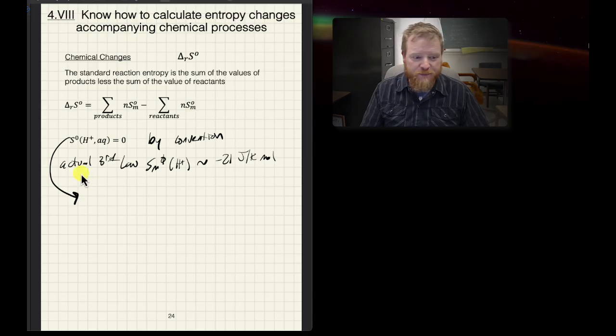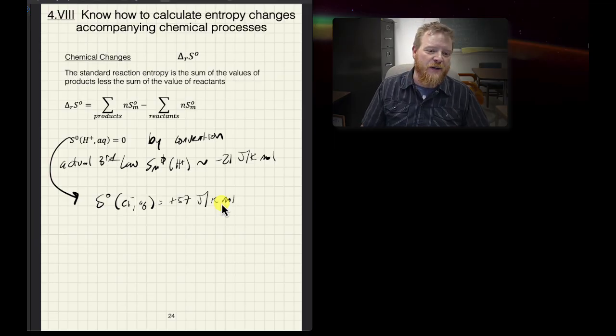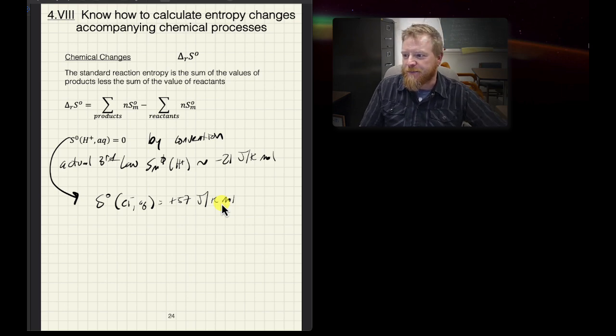So for example, entropy relative to this H plus of Cl minus aqueous is positive 57 joules per K per mole. And so that's because the chloride induces less local structure in the surrounding molecules, which makes it slightly more chaotic or gives it slightly more microstates.